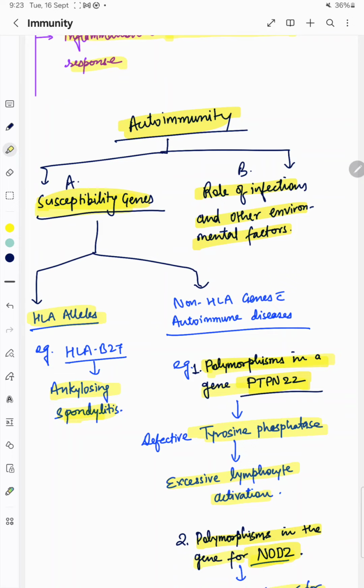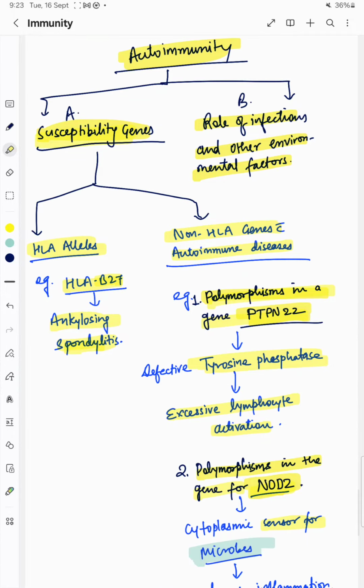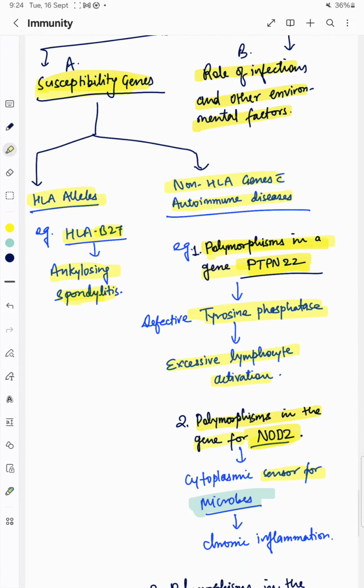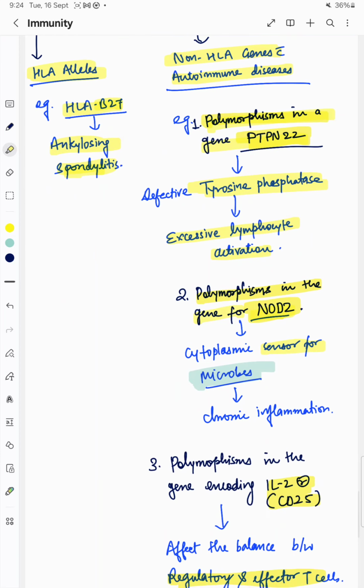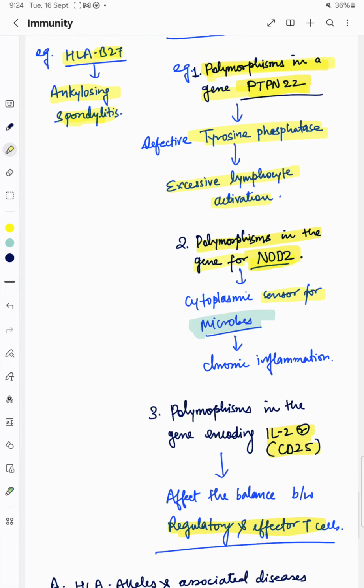One is HLA alleles and the other is non-HLA genes associated with autoimmune disease. In HLA alleles, there is the example of HLA-B27, which is associated with the development of ankylosing spondylitis. In non-HLA genes, there are several genes, namely PTPN2, PTPN22, NOD2, and interleukin 2 receptor or CD25.